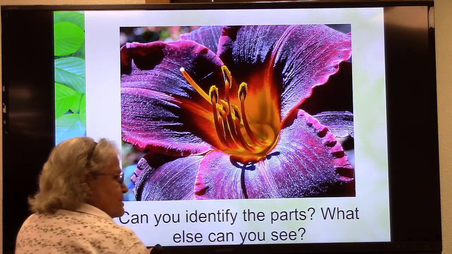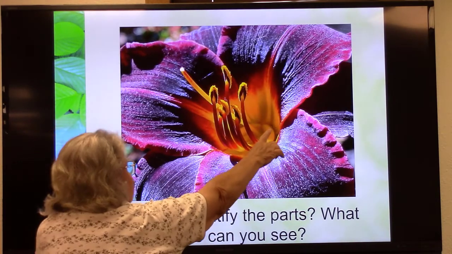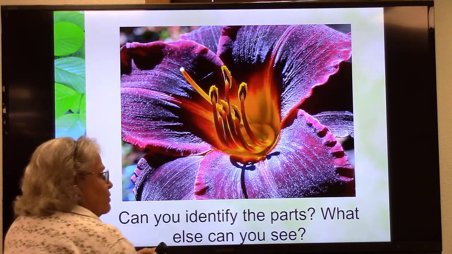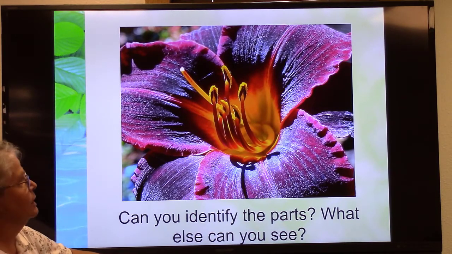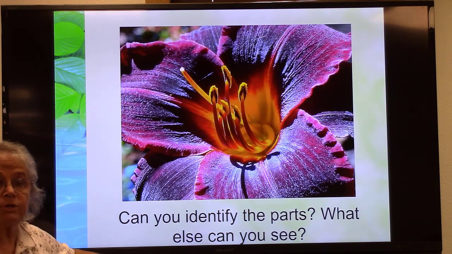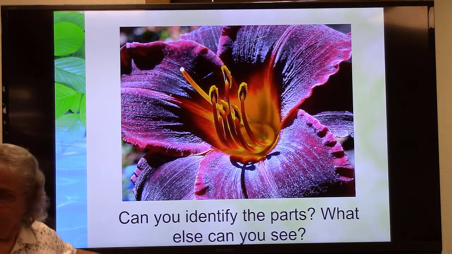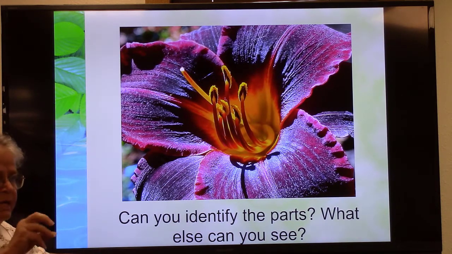That's a little box, the anther. Filament, anther. Okay, this is a filament. That's the anther. What is being manufactured in the anther? Pollen. It's a little box of pollen. And in this case, it's mature pollen because you can actually see the graininess of it. That pollen is ready to be carried.